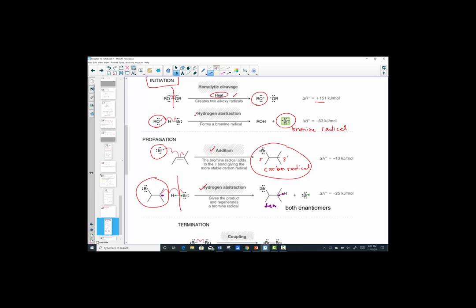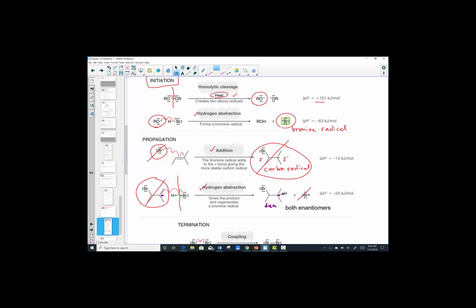Now, keep in mind, the propagation always gives us the net equation. So the carbon radical that was made in step 1 is consumed in step 2. The bromine radical that was used in step 1 is regenerated in step 2.